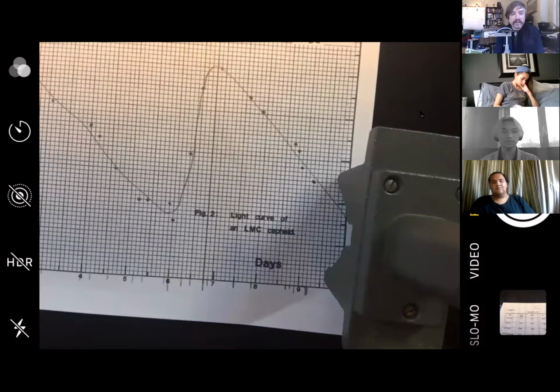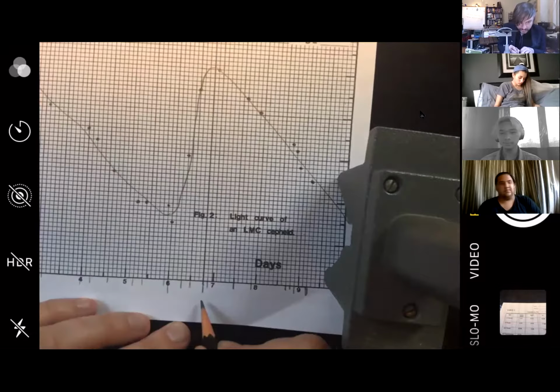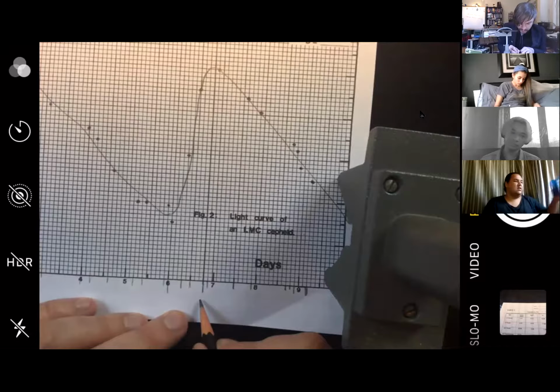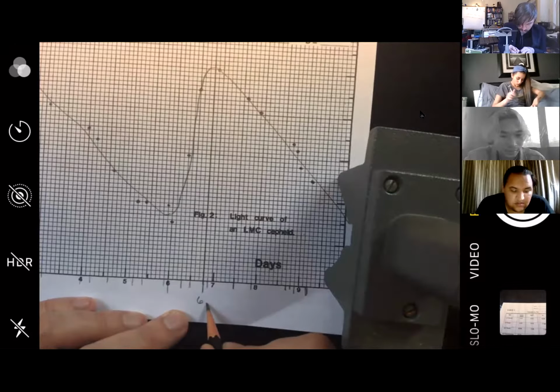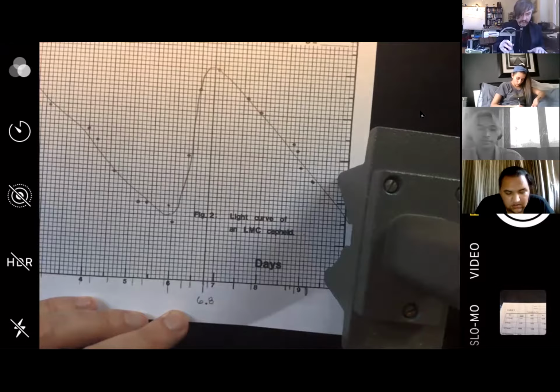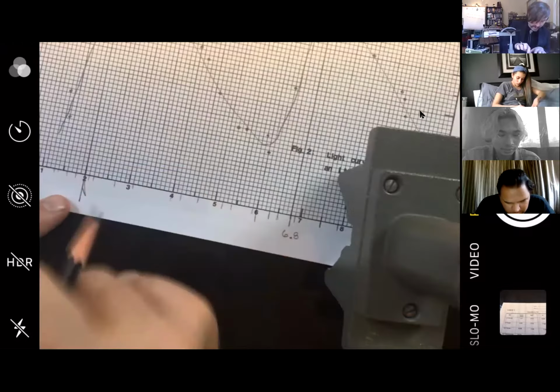Second peak's there. Notice I'm not using the point, but I'm using the curve. What's this value? 6.8. And this value over here is 2.0, right?